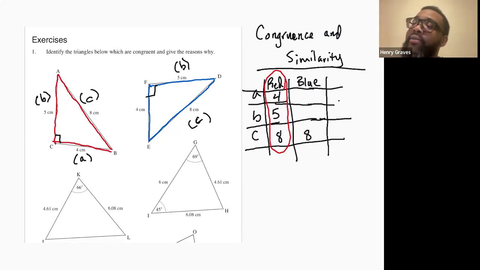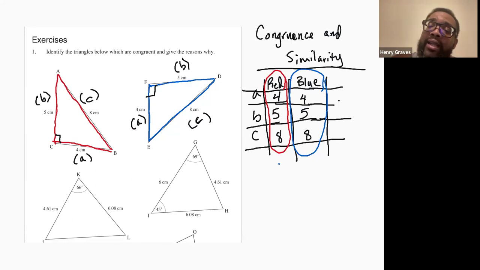Look at that, we have the exact same measurements for the red and the blue. So this is going to be congruent. They're exactly the same.